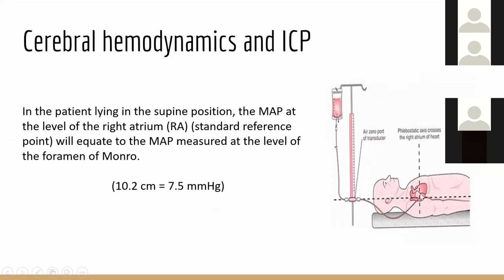So MAP at the right atrium and foramen of Monro are the same. So a MAP of 75 at the right atrium is equal to a MAP of 75 at the foramen of Monro. Any height difference between these two reference points can lead to alteration in the MAP value. Like if there is a difference of 10.2 centimeters, above or below, there will be a difference of 7.5 millimeters of mercury in MAP.